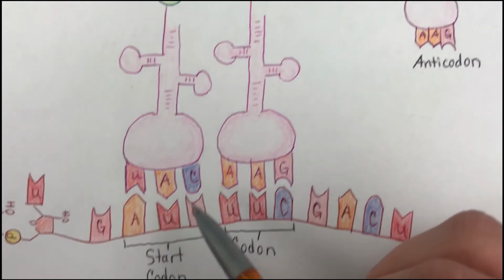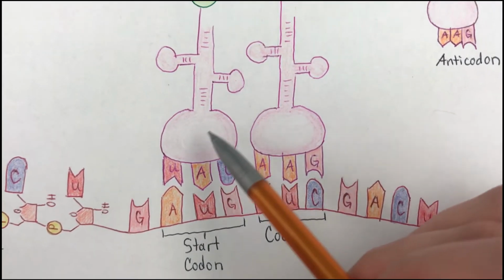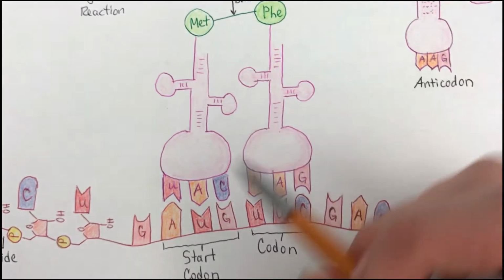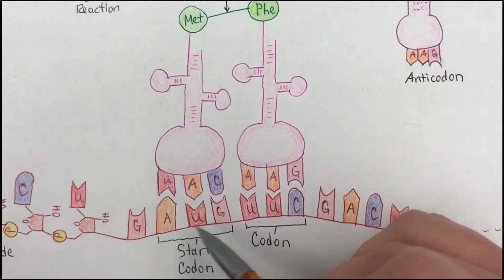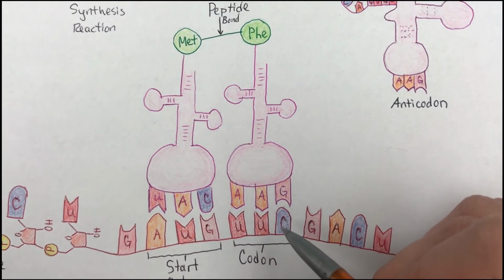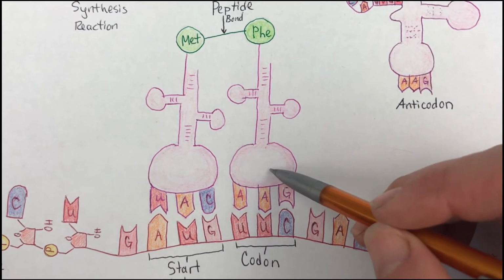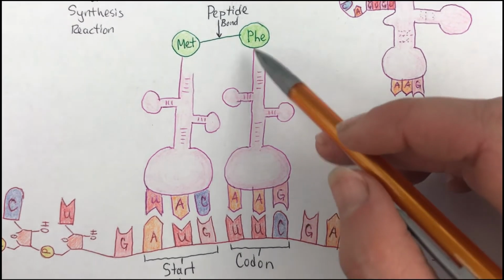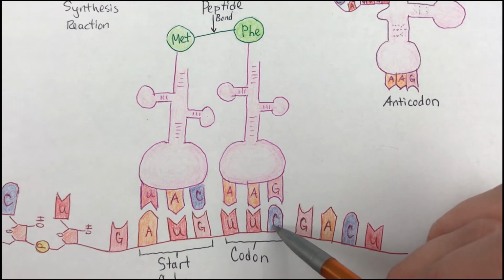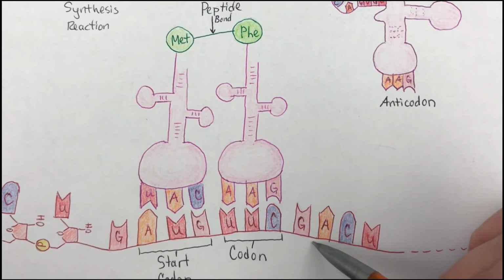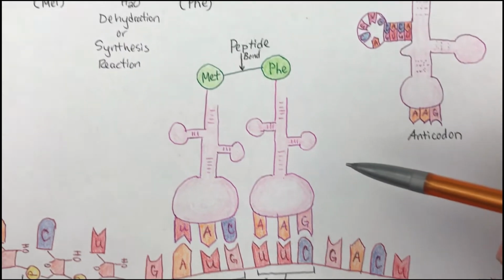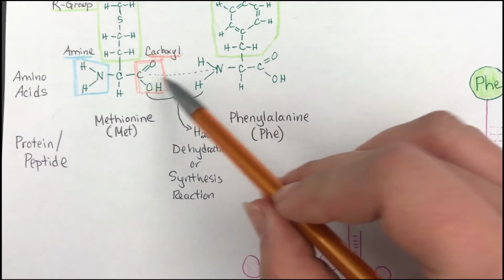At this point, we have had a tRNA bring methionine in response to the AUG start codon. Also within the ribosome, we have another tRNA bringing phenylalanine because of UUC, the codon within the mRNA. And now inside the ribosome, there are enzymes that are going to catalyze this reaction.